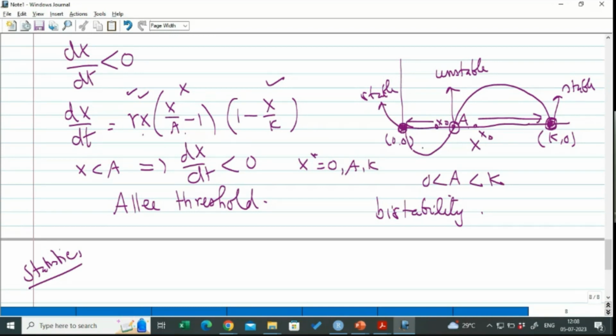When we analyze this system in a stochastic environment, we are going to have two modes, right? One mode is going to be close to K and one mode is going to be close to 0, and the distribution would be almost zero over here. So it's going to have a bimodal probability distribution.